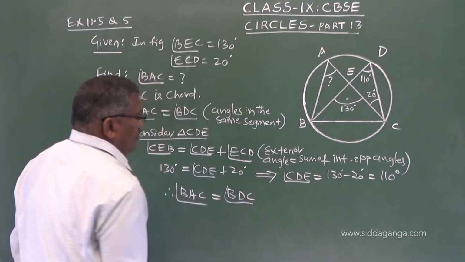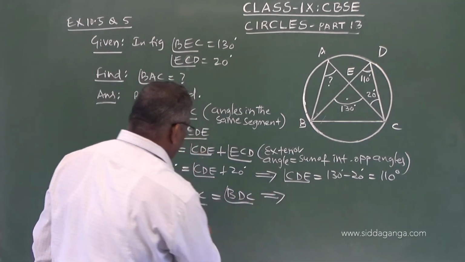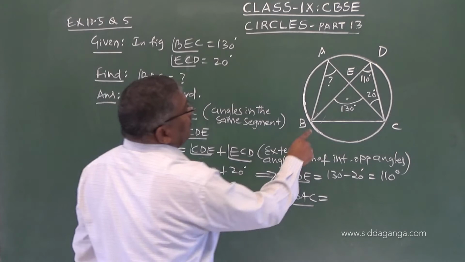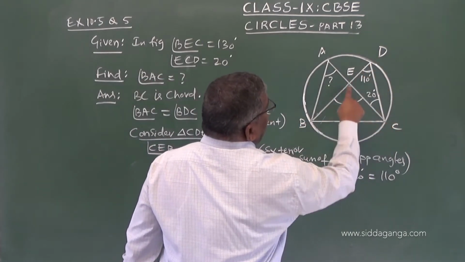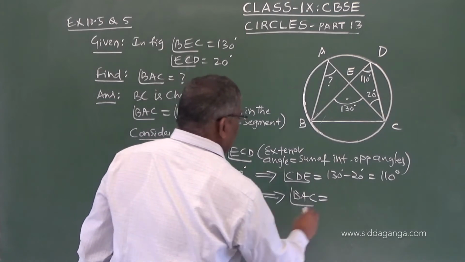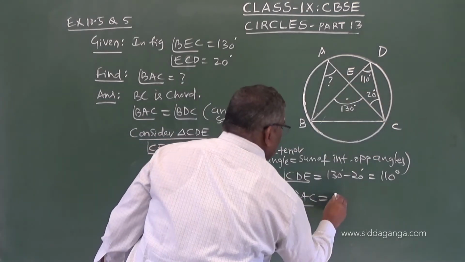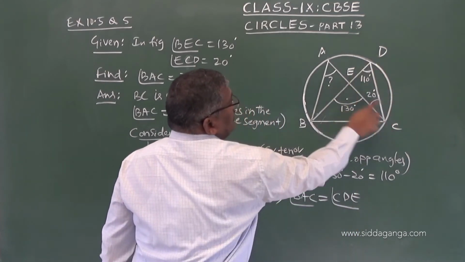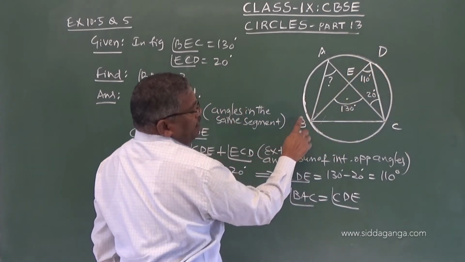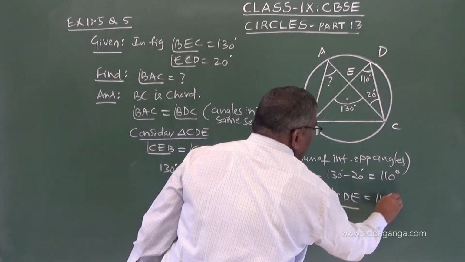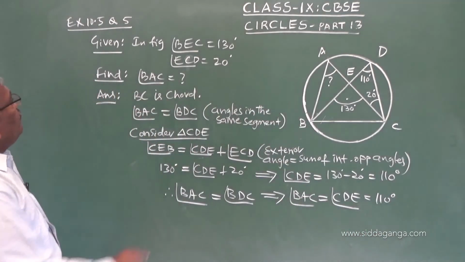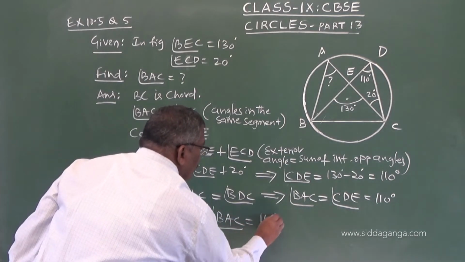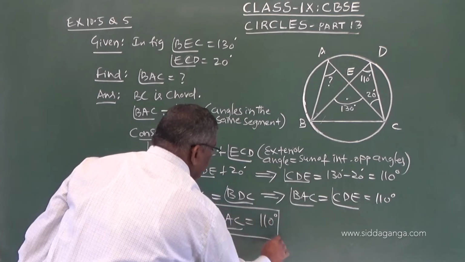So this implies, you observe here, BAC equals BDC, which is same as CDE. So CDE is same as CDB, it is equal to 110 degree. So therefore BAC equals 110 degree is your final answer.